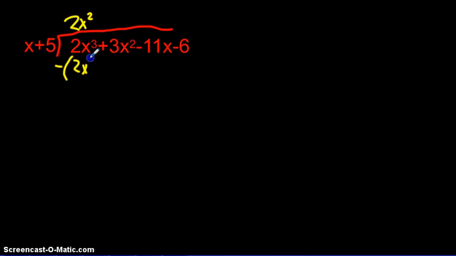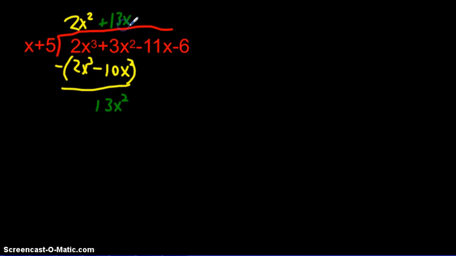That's 2x to the third minus 10x to the second. And we will subtract. Let's change colors. That cancels out. 2x to the third minus 2x to the third is 0. 3x to the second minus 10x will be positive 13x squared. Okay, x goes into 13x squared.